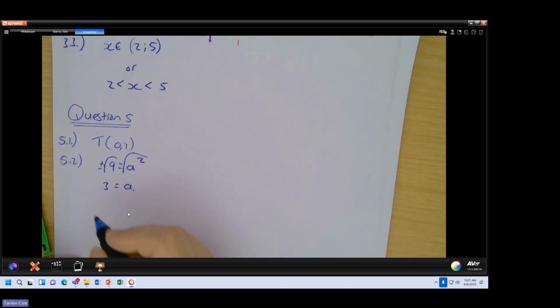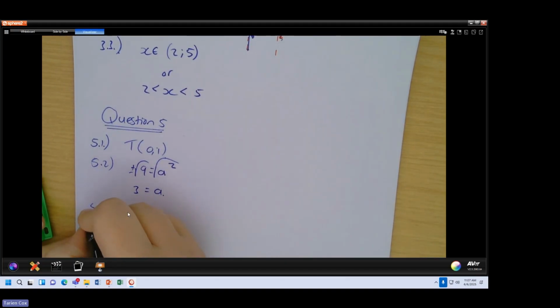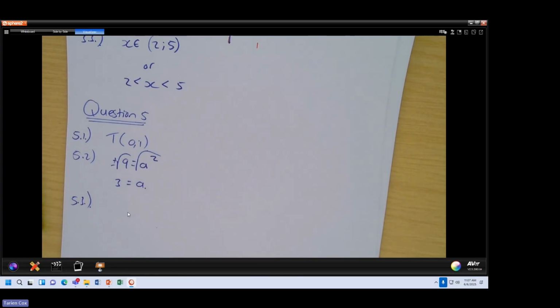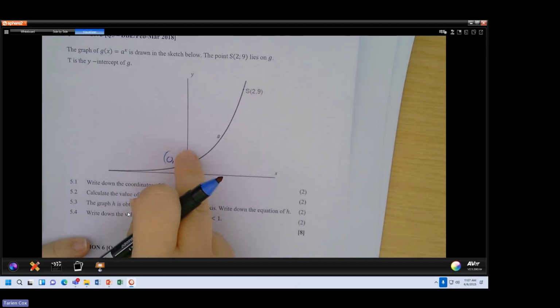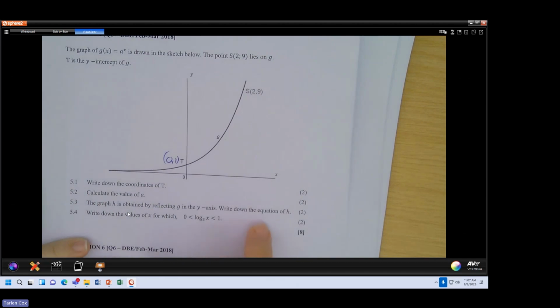Then 5.3 now, the graph of h is obtained by reflecting g in the y-axis. So I'm going to reflect my graph in the y-axis, which means my graph will now go like this for h. Write down the equation. We learned in grade 10 already, even grade 8 and grade 9, when we did our reflections, that when we reflect in the y-axis, our x value needs to change.